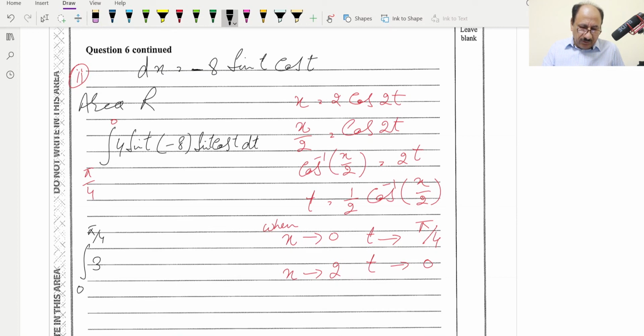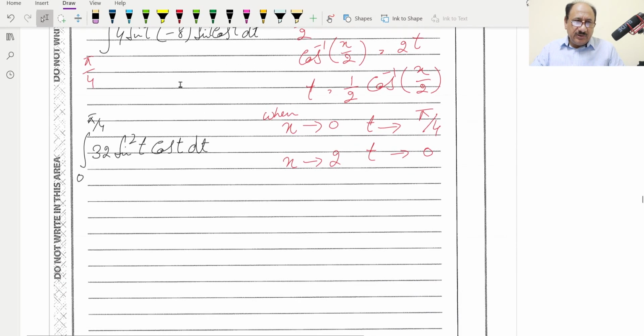Sin t into sin t will be sin squared t, and cos t dt. This will be our integral which we have to find. When we find this integral value, that will be the area of the region which we want to find.